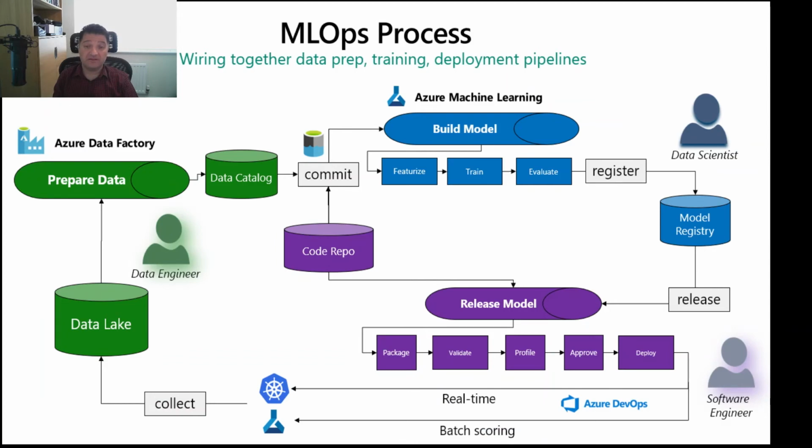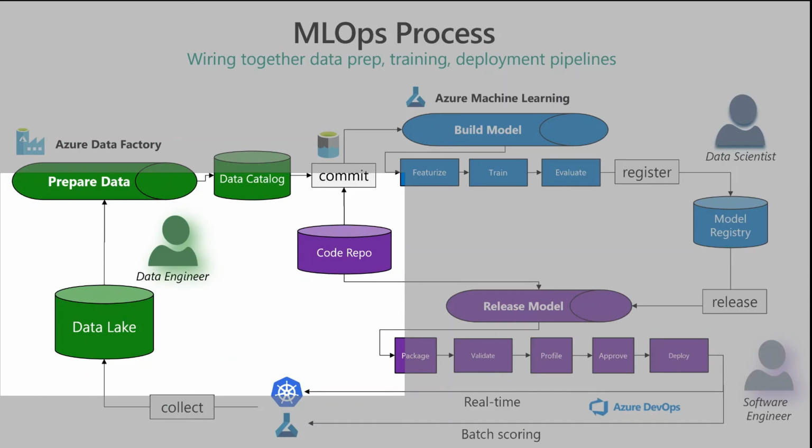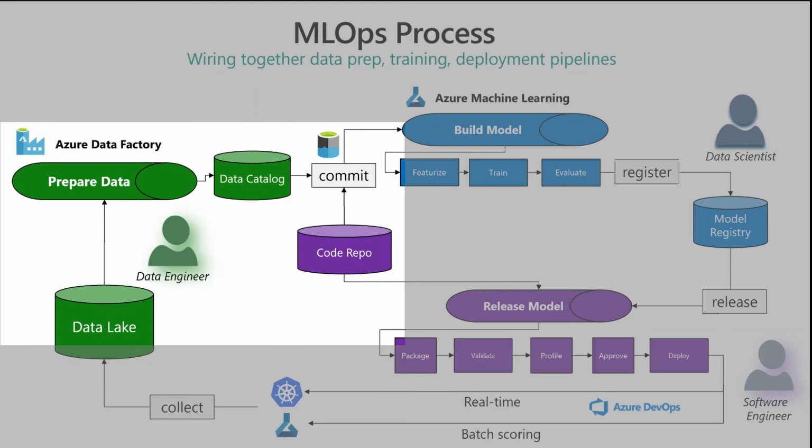In the ML lifecycle, there is rarely one pipeline to manage the end-to-end process. I highly recommend this shown workflow, which uses 3 different technologies together: Azure Data Factory, Azure Machine Learning, and Azure DevOps, each having different pipelines optimized for the different personas that are involved in this flow. The reason for that is that we have different kind of activities involved. Your data engineer brings data from various sources into a single place and curates the data.